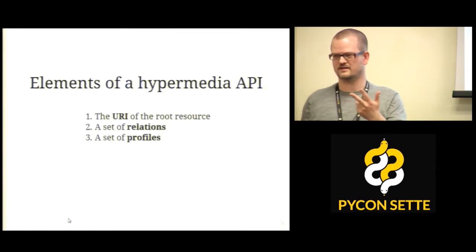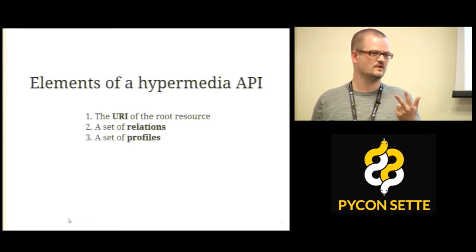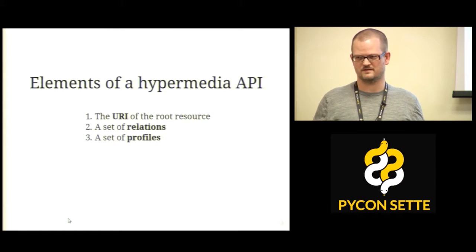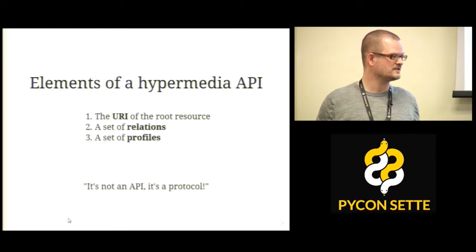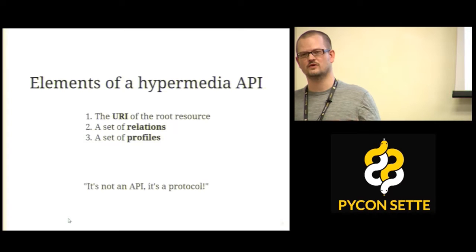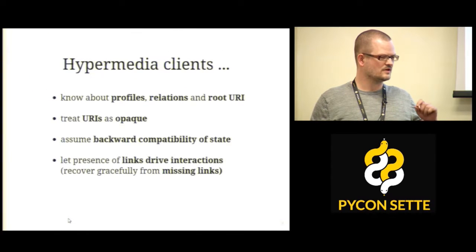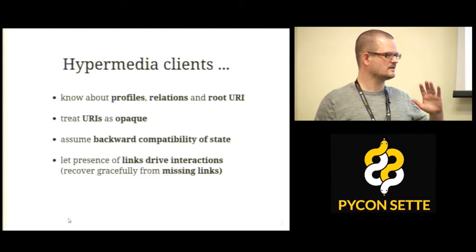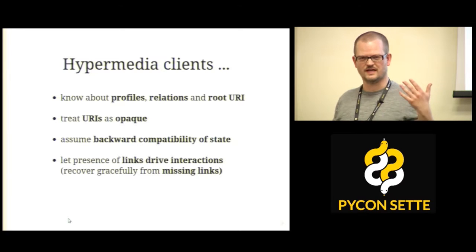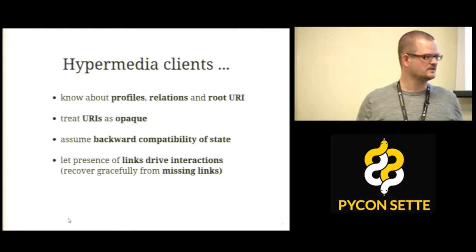Those are the three things that a Hypermedia client needs to understand to use an API. And so basically you're not describing an API, you're describing more like a protocol. So if you write a Hypermedia client, you will add information about these profiles, relations, and one URL.